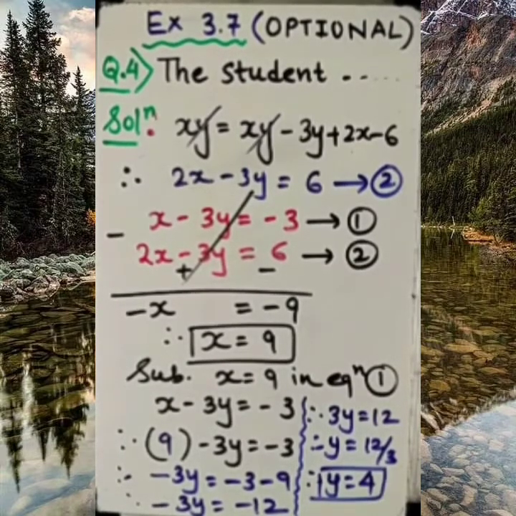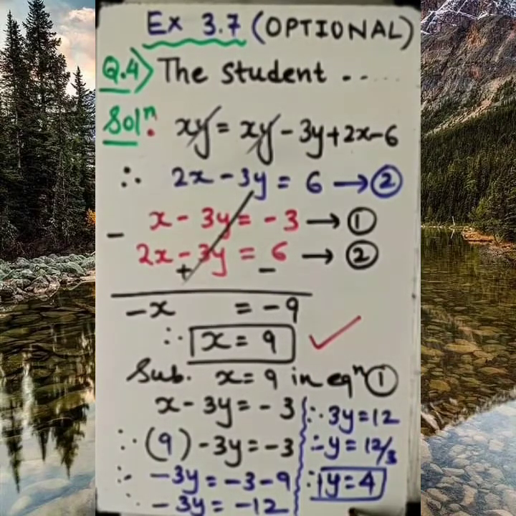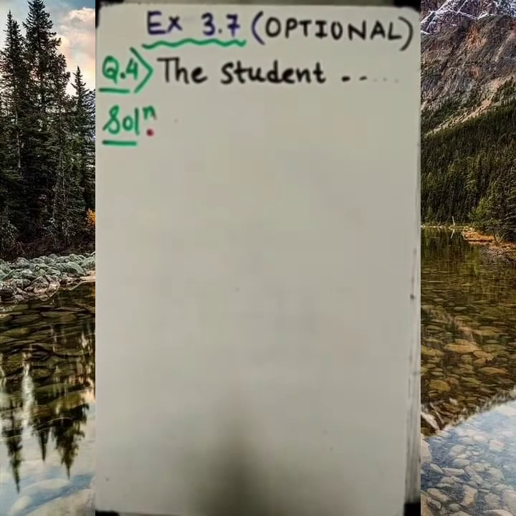So both values with us after applying the elimination method: the value of x equal to 9 and the value of y equal to 4. So let's come to that point from where we have begun. What we have to find. So dear student, according to the question, we need to find the total number of students.